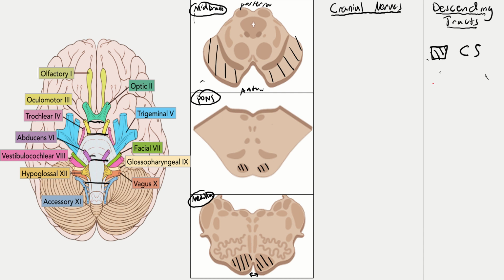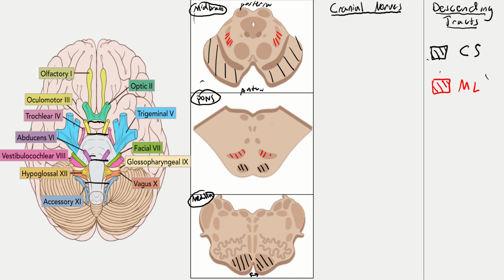Next tract we're going to do is your medial lemniscus, and I'm going to write ML for medial lemniscus. So where is the medial lemniscus located? In the midbrain it's actually a little bit lateral, so it's right here. But as it comes down, it once again gets more medial.